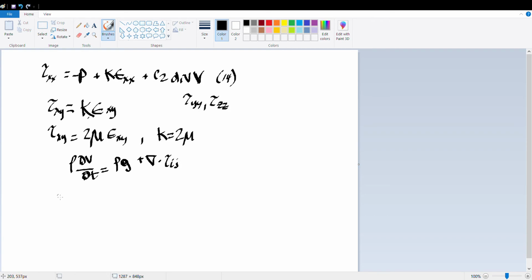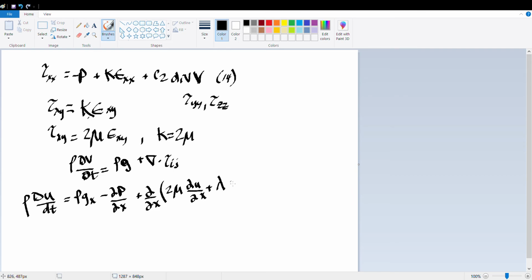So if we substitute all that in, we get the density times du/dt, where u is basically the velocity in the x direction, equal to rho gx minus partial of p with respect to x plus d/dx times 2 times mu du/dx plus this thing we call lambda divergence of v.